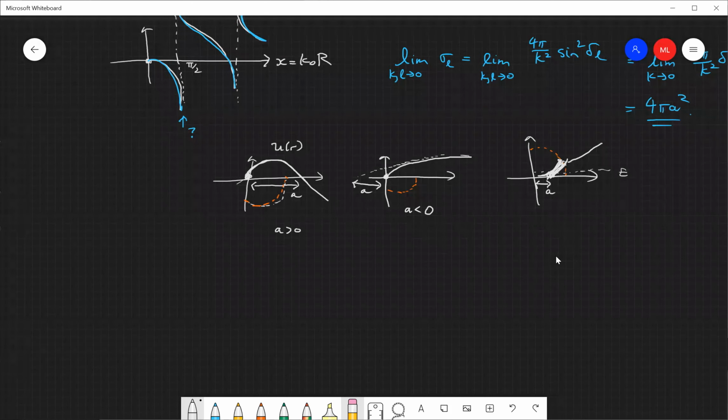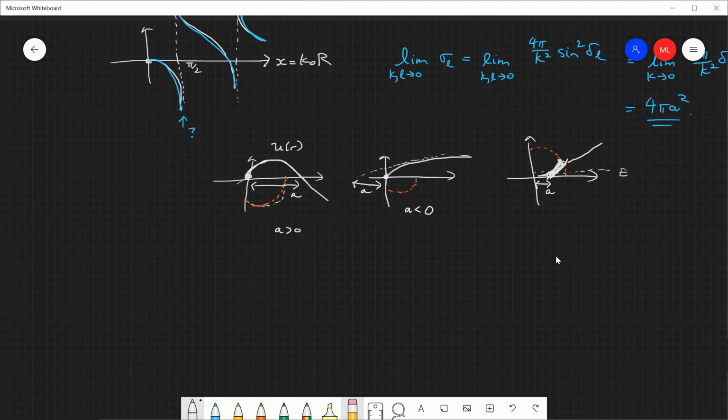So these are different situations for different potentials, right? For S-wave scattering, you either have some kind of well or you have some kind of bump. And these pictures here just show you intuitively what the scattering length corresponds to in all these situations. Remember, the scattering length has to do with what the scattering looks like at very low incoming momentum.